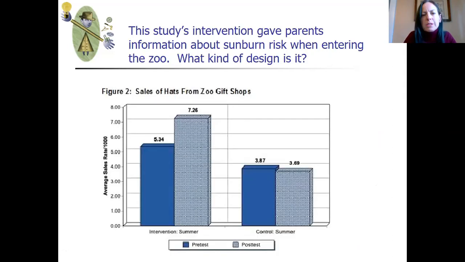Okay, this is just an example. This study gave parents information about sunburn risk when entering the zoo. So let's look at an idea of what kind of design this is. Here we have the average sales of hats. This is how many hats they're selling at the gift shop.